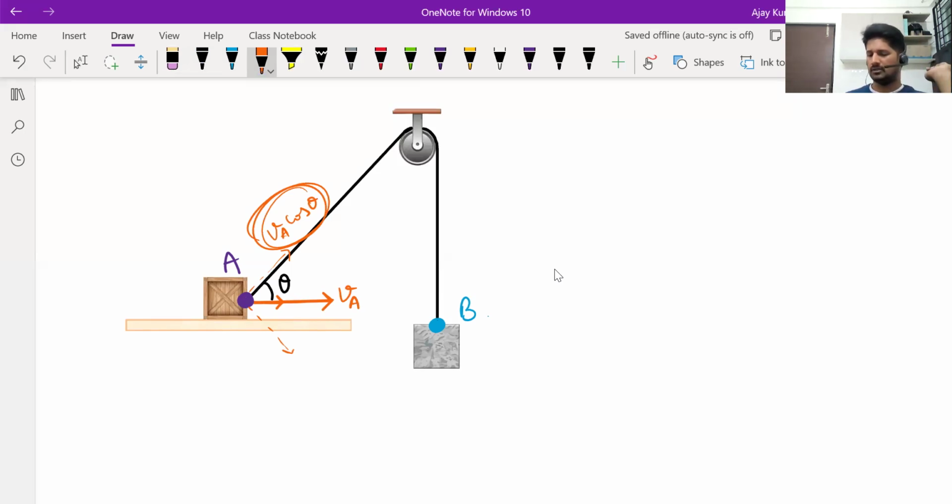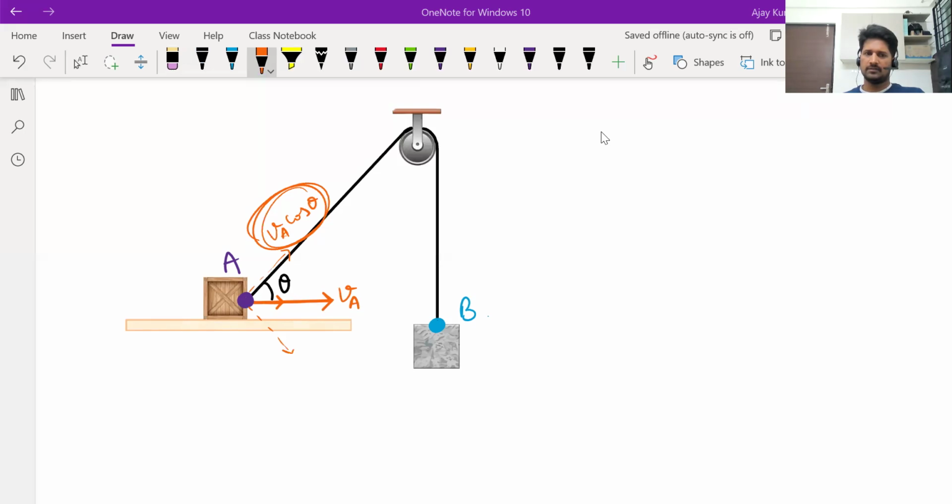Do you all agree with this or not? The end of the string moves in some direction horizontally, but its component along the string is what makes the string shorter on that side. Correct or not? Yes.